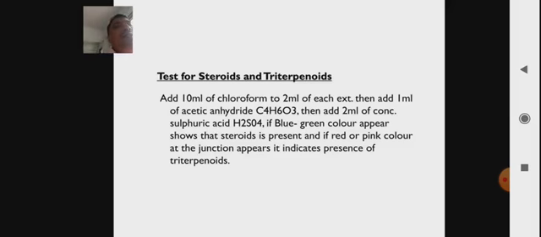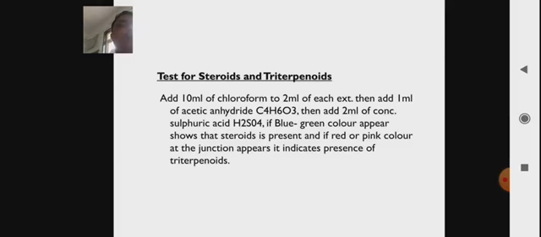This next test is similar to the Salkowski test, but it is used to distinguish steroids from triterpenoids. Add 10 ml of chloroform to 2 ml of extract, then add 1 ml of acetic anhydride, then add 2 ml of concentrated H2SO4 along the side of the test tube.